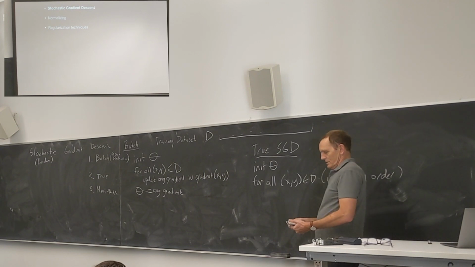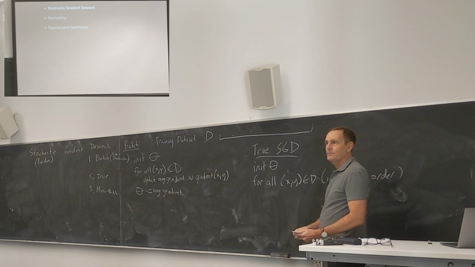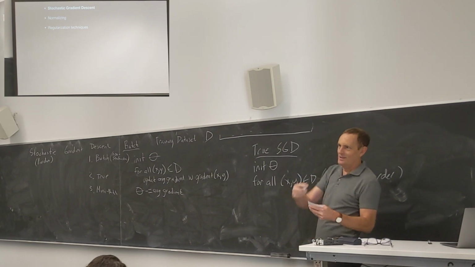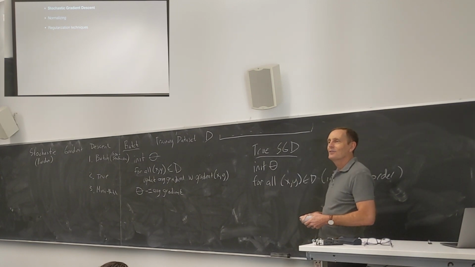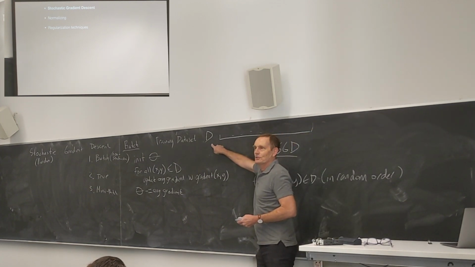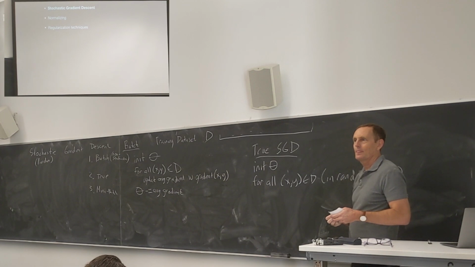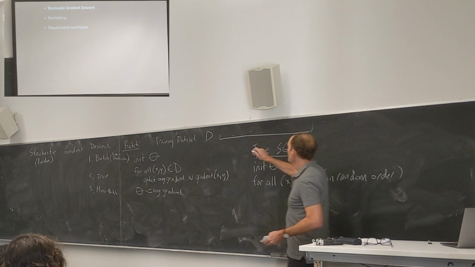Okay? Ben. Where's the stochasticity here? I guess it's the D we pick. D is the entire batch. Right. So there's no pick. Do we not want to decrease the batch into a smaller batch? There's no smaller. Here's what we do.